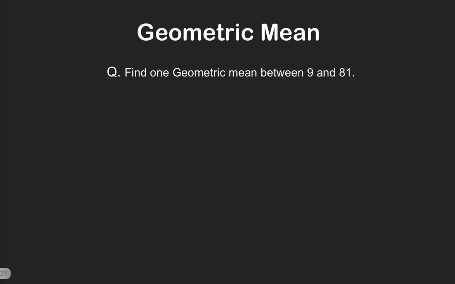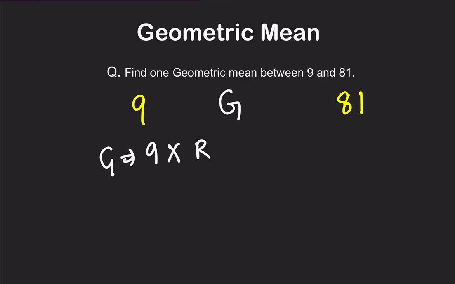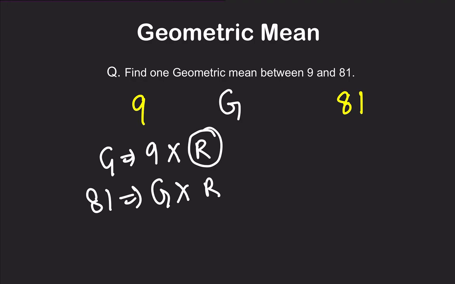Moving on. What is the geometric mean? Again, I am going to make it fast. 9 and 81, we are asked what the geometric mean is. Suppose the geometric mean is G. Now, how will you get it? To get G, I multiply 9 by a common ratio, and to get 81, I multiply G by some common ratio.